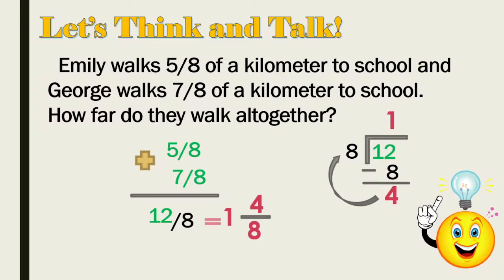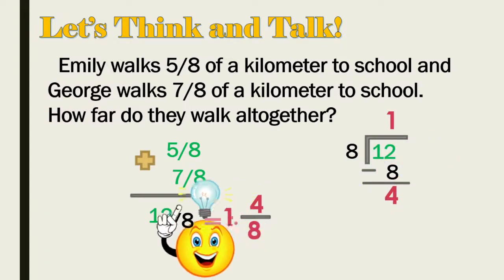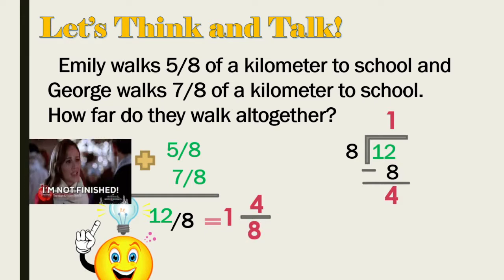But wait, there's more. 1 and 4/8 is not yet in simplified form. 4 over 8 is still a proper fraction that has a common factor between 4 and 8. So you need to divide it by their common factor. Okay, it's not yet finished. You need to divide it by 4 over 4, which is the common factor of 4 and 8.